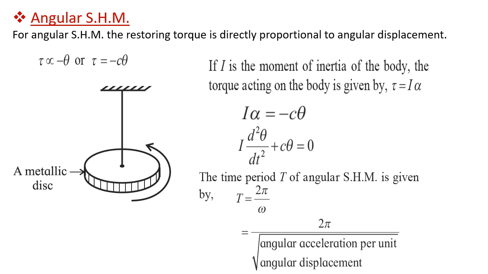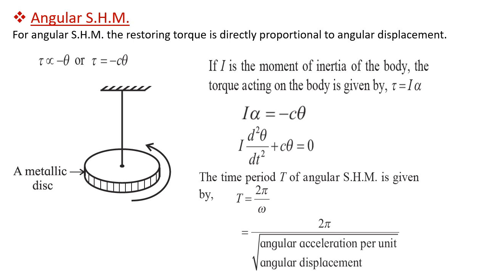Now if you think about this definition of angular SHM a little more wisely, you will get the idea that for angular SHM to occur, we need the torque to be acting on the system, and the object or the whole system has to show the angular displacement.